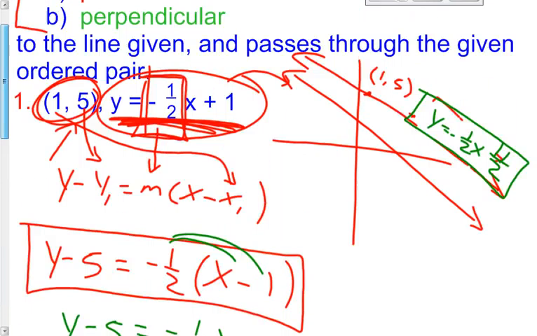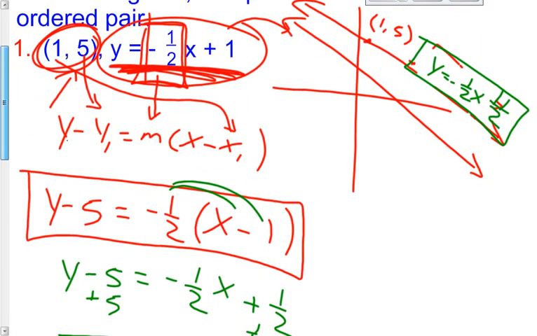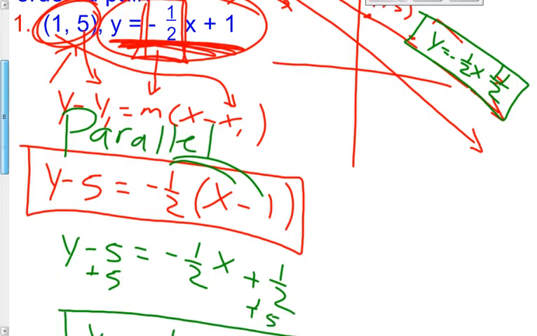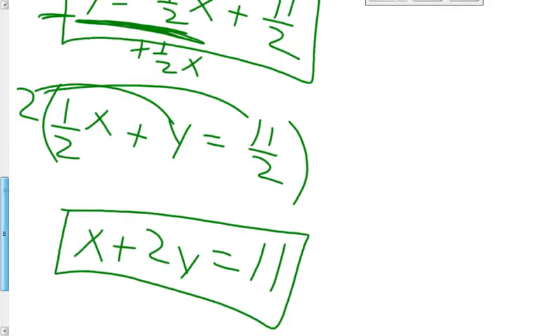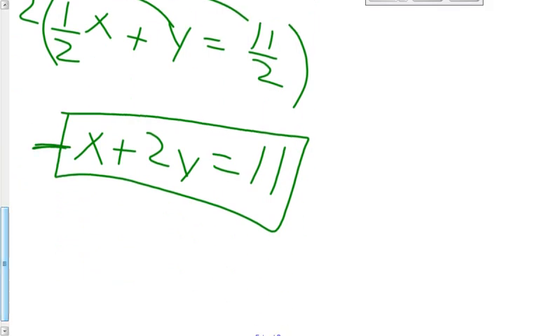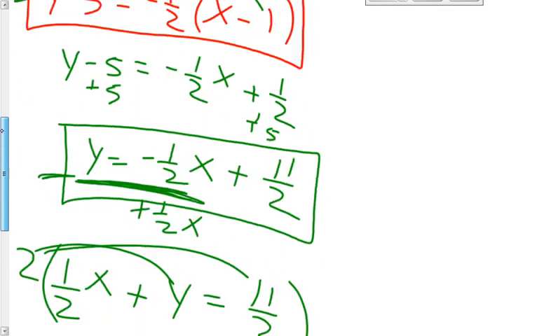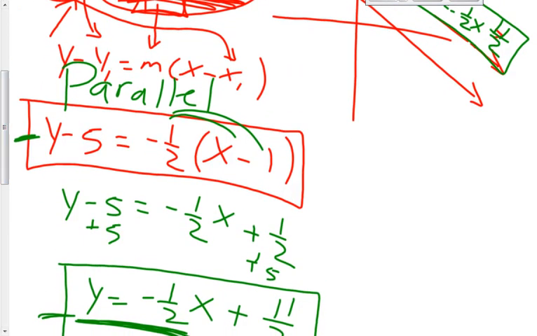All this is for parallel lines: point slope, slope intercept, standard form, all for parallel lines. Let's do the exact same thing now for perpendicular. Perpendicular. There we are.